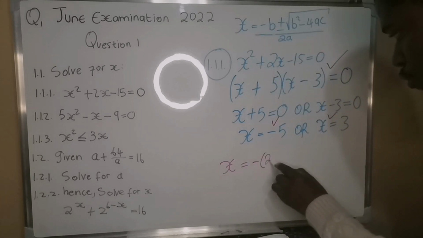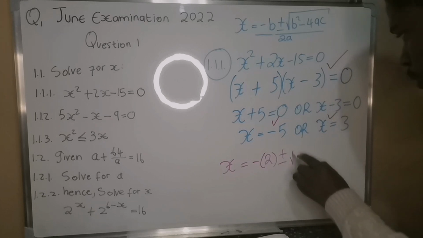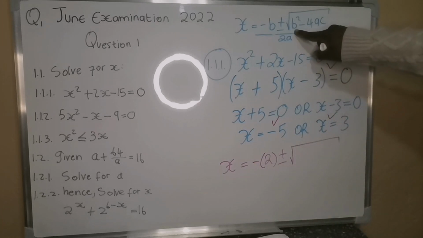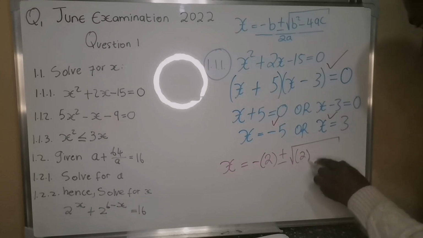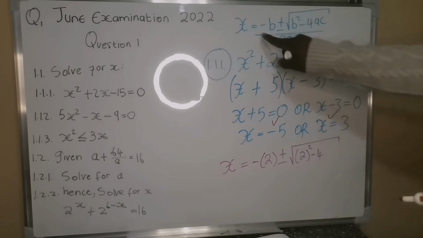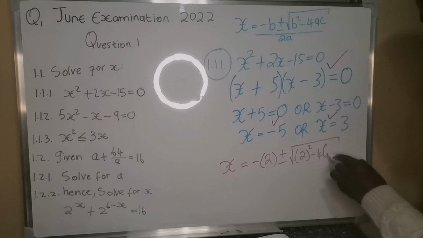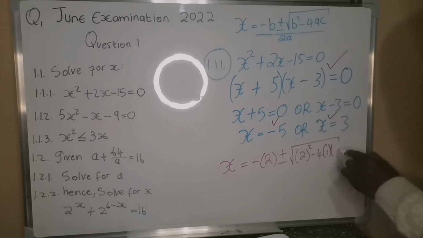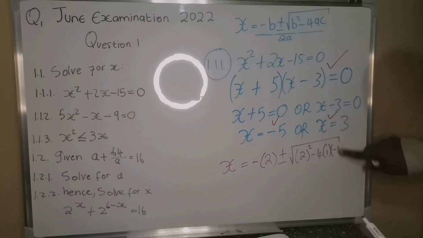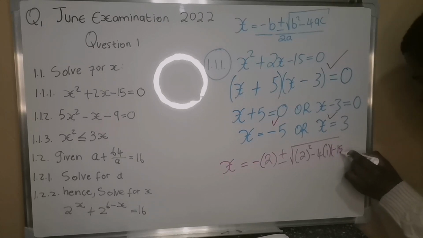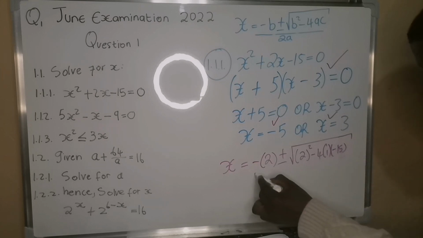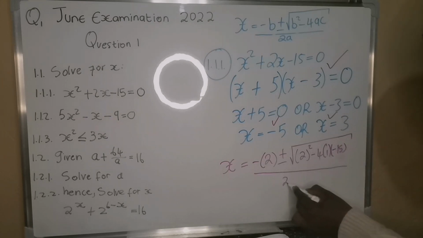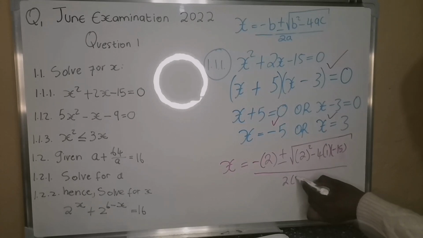We open a bracket of 2 here, plus or minus the square root of b, which is 2, squared minus 4 times a, which is positive 1, times c, which is negative 15. Let me just write it properly here. All divided by 2 multiplied by the value of a, which is 1.